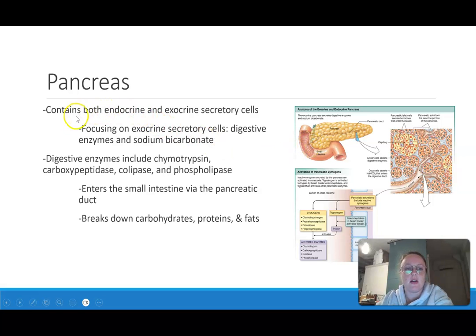But first, the pancreas contains both endocrine and exocrine secretory cells, and today we'll be focusing on the exocrine secretory cells, and those include our digestive enzymes and sodium bicarbonate. Our digestive enzymes include chymotrypsin, carboxypeptidase, colipase, and phospholipase.